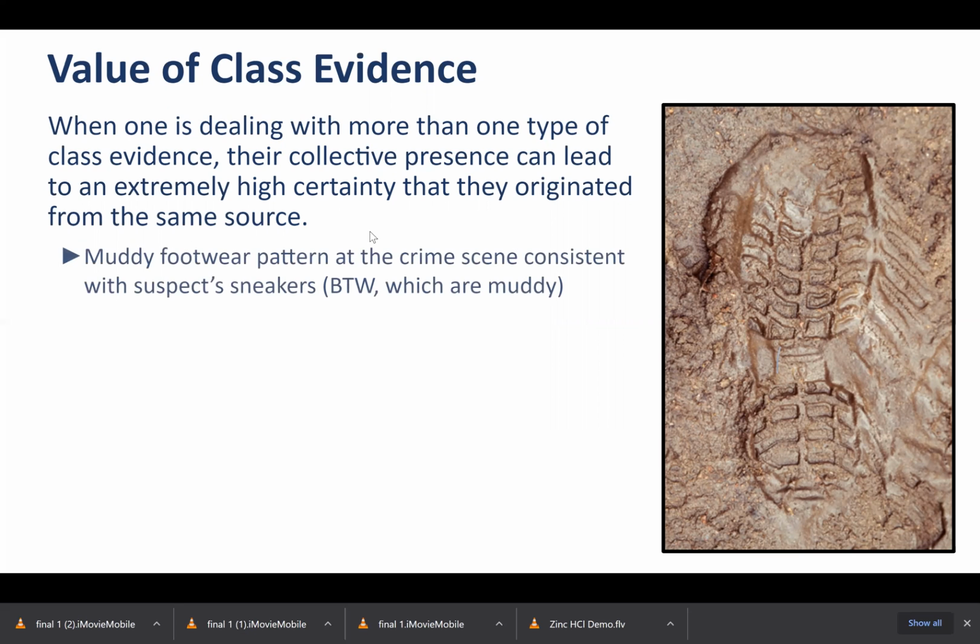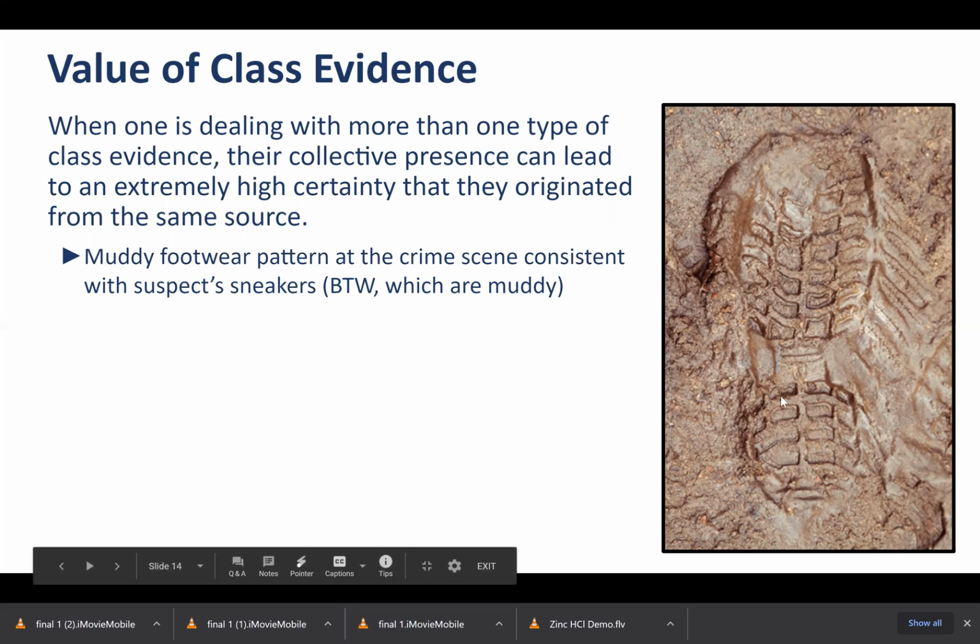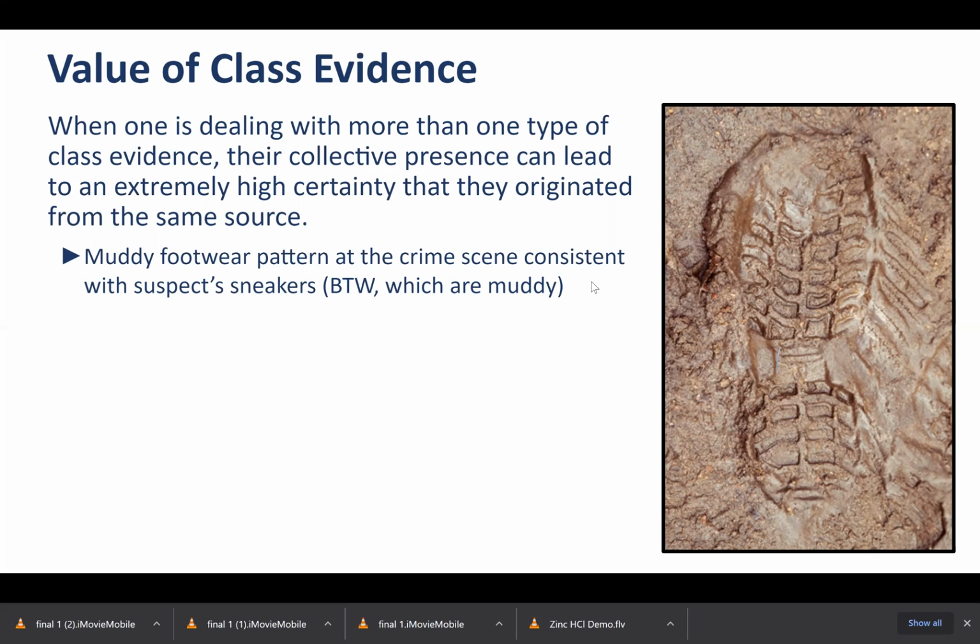Okay, so a muddy footprint pattern at a crime scene that's consistent with the suspect's sneakers, which maybe are also muddy. So I can say, okay, the suspect has a shoe that looks like this kind of footprint, right? But so probably do a lot of other people, right? Have the same type of sneaker.